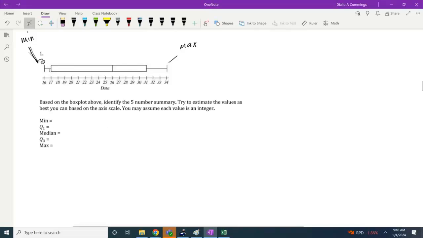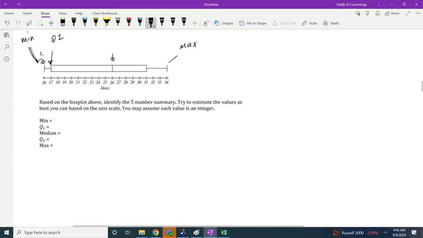And if we take a look at the actual box itself, the beginning of the box, this is Q1. That will be located at that first vertical line of our box.